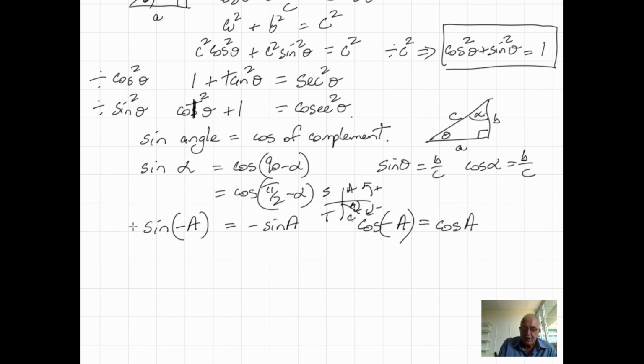Then there's another one to remember: the sine of A plus B equals sine A cos B plus cos A sine B. You may not have come across this one before.